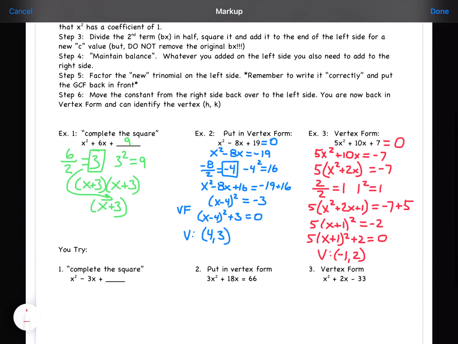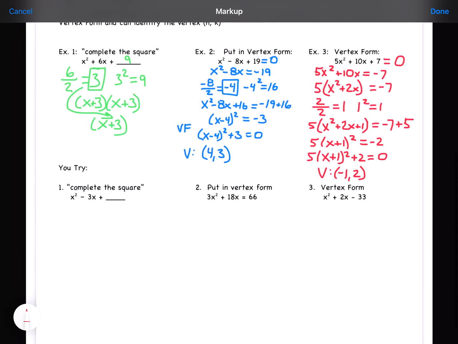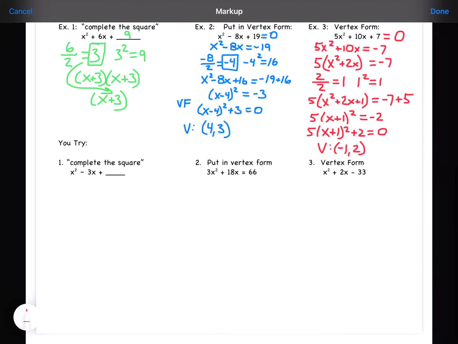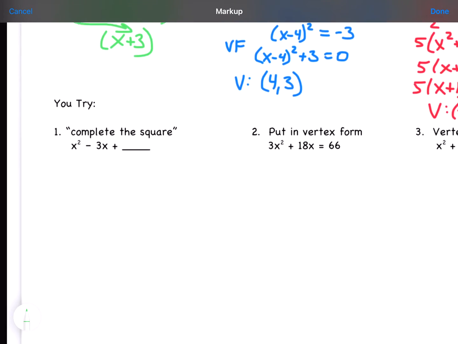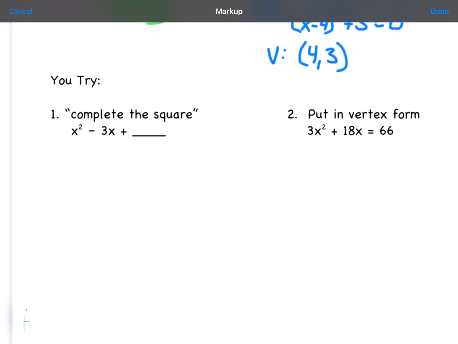So there's the first 3 examples. And then in class today, everyone got to try the next 3, but we'll work them out just so you have them. So our second completing the square, x squared minus 3x plus a blank, we use negative 3. We cut that in half. We're just going to leave it as that improper fraction of negative 3 over 2. Now, I have to square it.